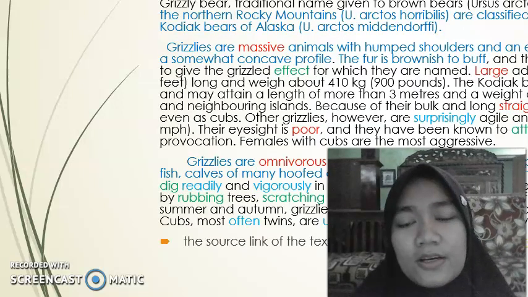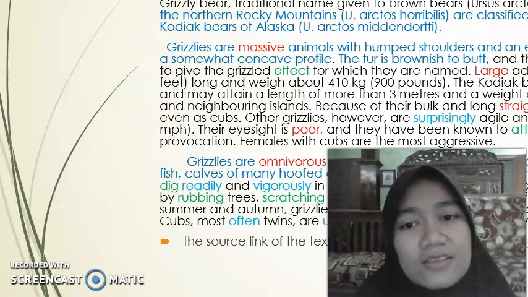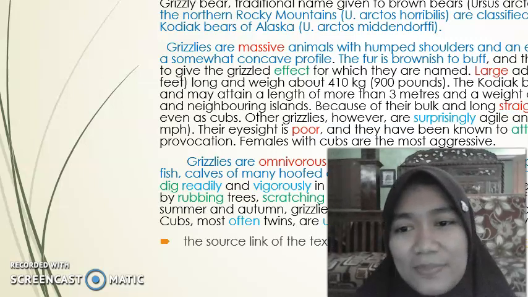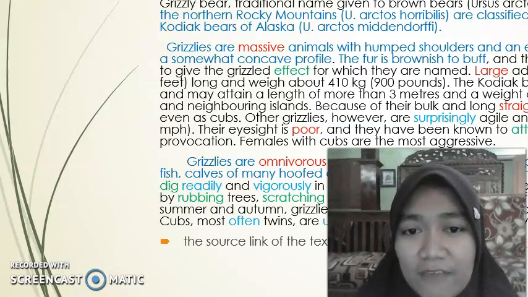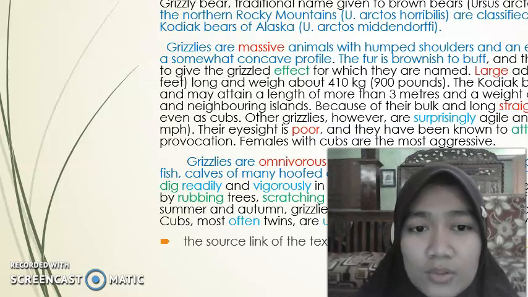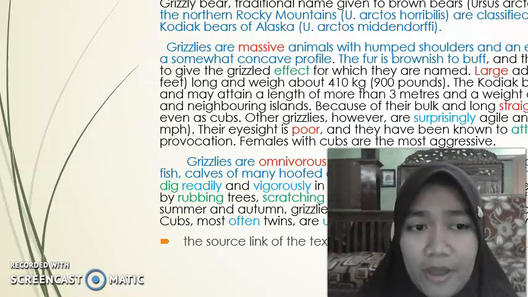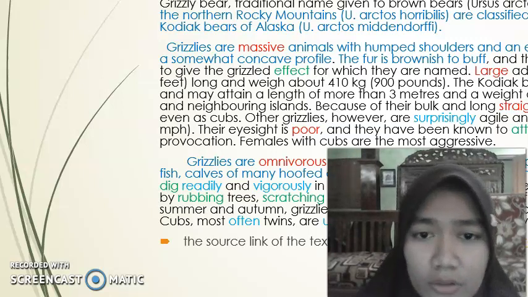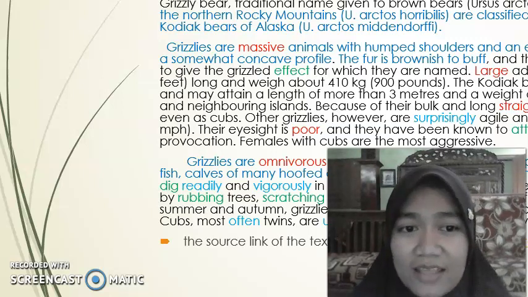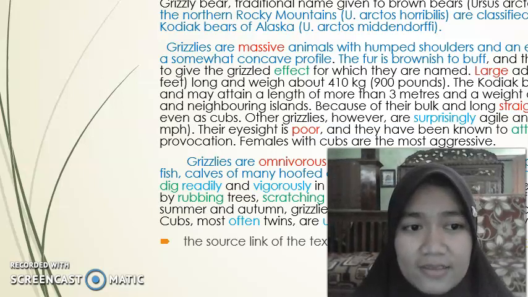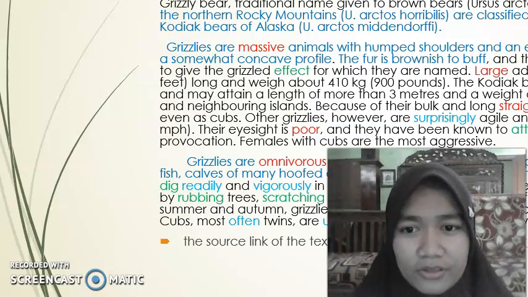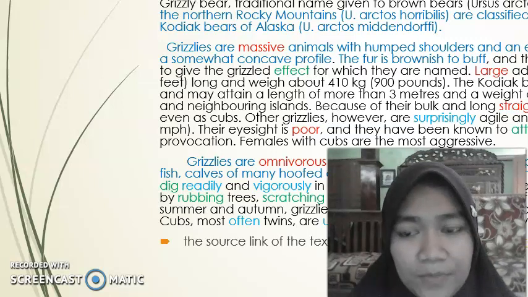Next, the example of descriptive text. The title is Grizzly Bear. Grizzly bear, traditional name given to brown bears or Ursus arctos of North America. Grizzly bears of the northern Rocky Mountains or U. arctos horribilis are classified as a subspecies, as are the huge Kodiak bears of Alaska or U. arctos middendorffi.